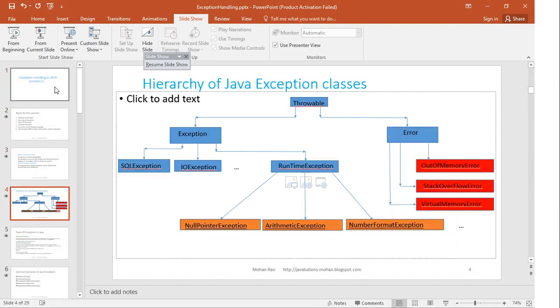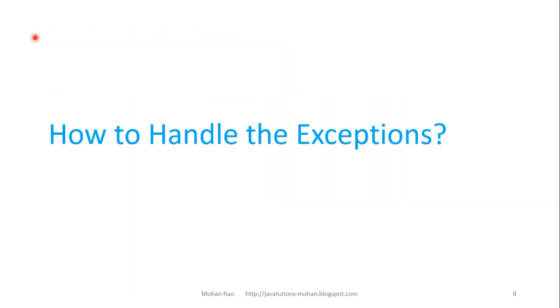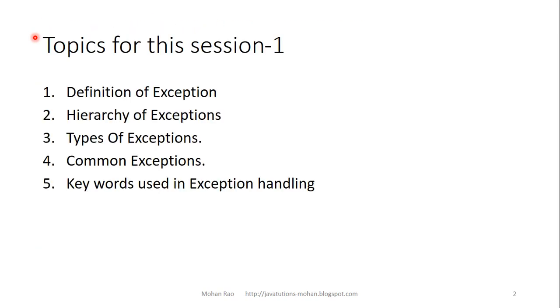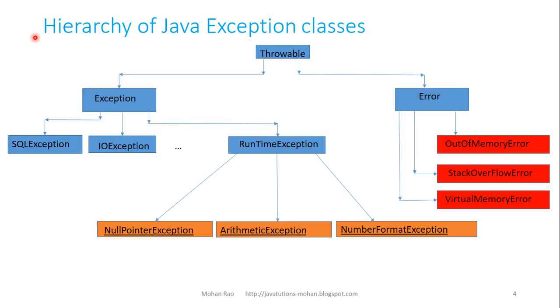If you see the hierarchy, NullPointerException, ArithmeticException, NumberFormatException, all these exceptions are derived from RuntimeException. All these are runtime exceptions or unchecked exceptions. All unchecked exceptions are subclasses of RuntimeException.